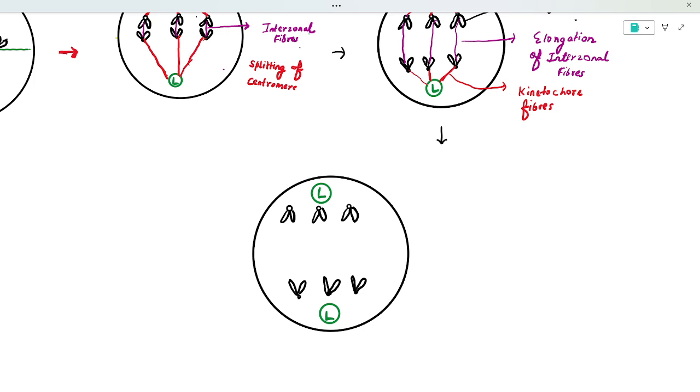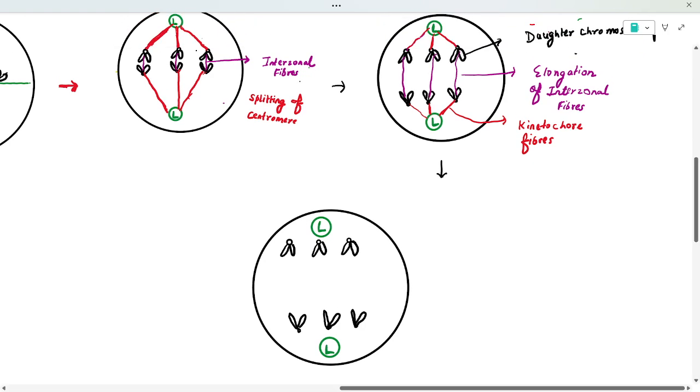So this is the last stage of anaphase, where daughter chromosomes reach the poles. The chromosome number remains equal with respect to each daughter cell after cytokinesis.